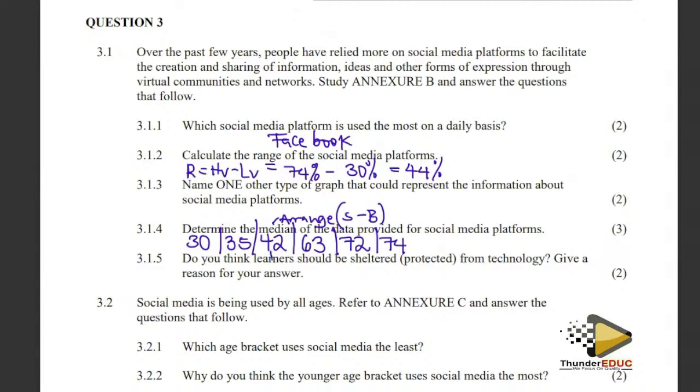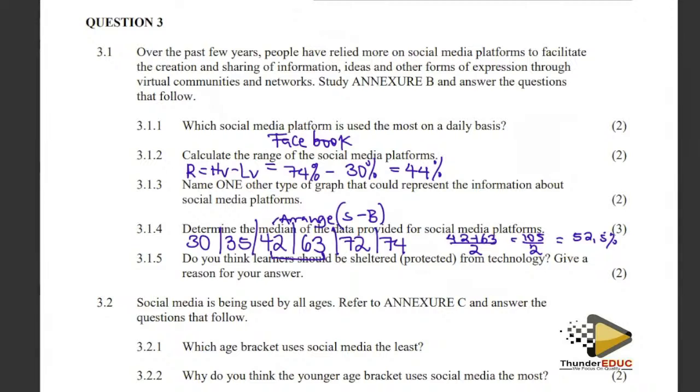So we remain with 2 numbers in between. What do we do? We get those 2 numbers, we add them and divide by 2. This is 105 divided by 2. 105 divided by 2, you end up having 52.5, where they were percentages. It's percent.